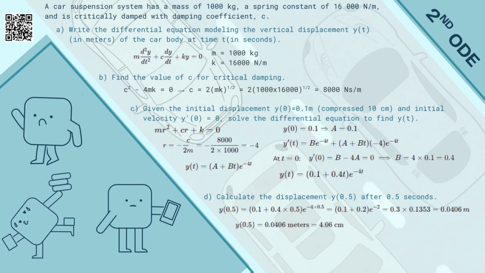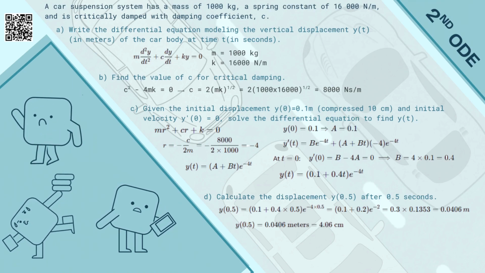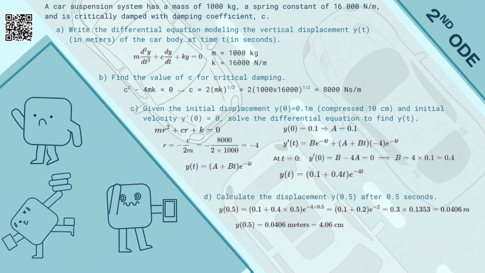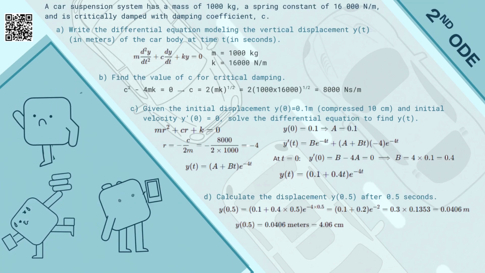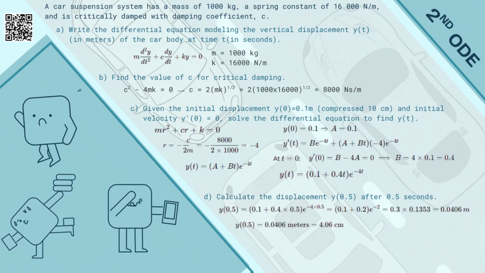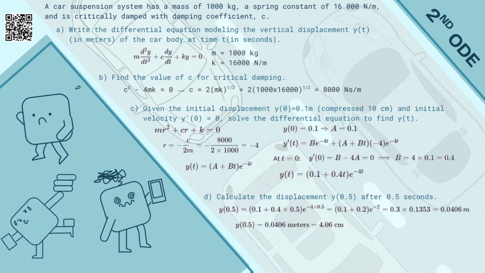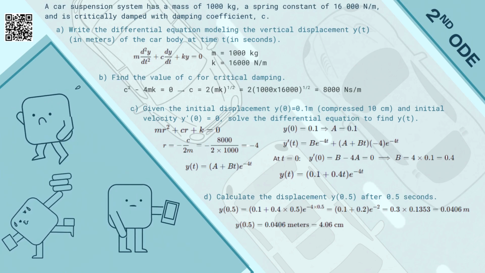So this means we need to calculate the displacement at the time of 0.5 seconds. We substitute the t, then we will get the displacement equals 0.0406 meters or 4.06 centimeters.